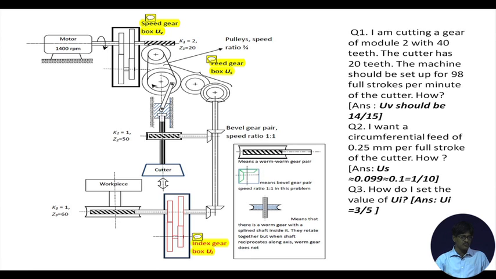Last of all, how do I set the value of UI? The answer is UI is defined by the number of teeth which is being cut and the cutter number of teeth. So, from that, UI for this particular case will come out to be 3 by 5.